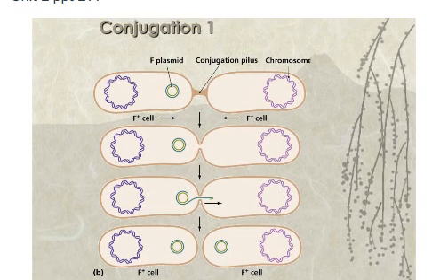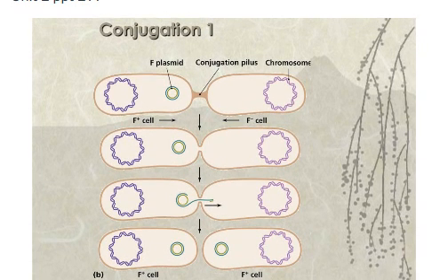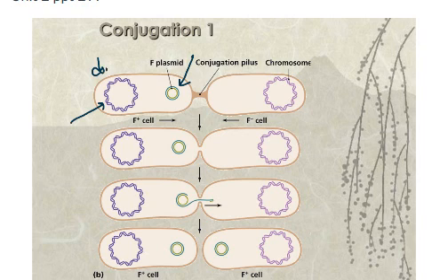There's two types of conjugation, but essentially one is faster, one is slower, and they are a little bit similar. So here you have the bacterial chromosome, and here you have the little plasmid. This right here is your donor, and this right here is your recipient on the other side. What you should notice is that the two are attached, and they are attached by a pili or pilus.